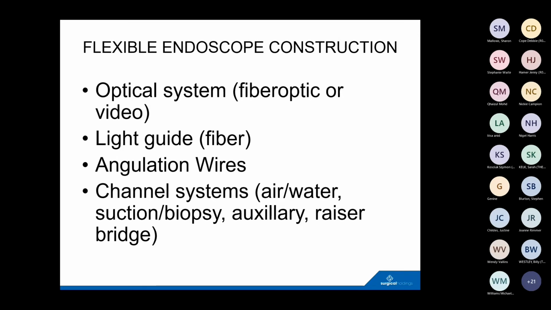So you need to have angulation wires, and you need to have channel systems, unless you're just literally looking at something for an optical system. You need air, water, suction, biopsy, and there are some endoscopes that have additional channels, such as an auxiliary channel for extra flushing, or raised bridge channels, which I'll come back to shortly. So there's a lot that goes into an endoscope.